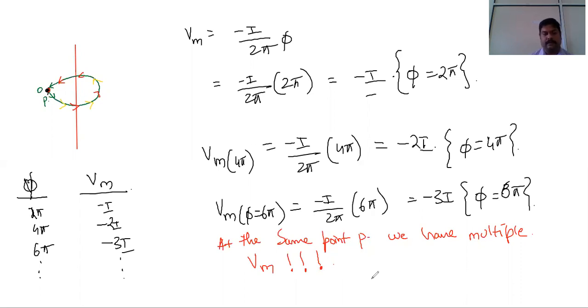So is it logical? Should we accept such a numerical value which depends on the number of times you have traversed or circulated from the same point? No. So hence this is not acceptable.